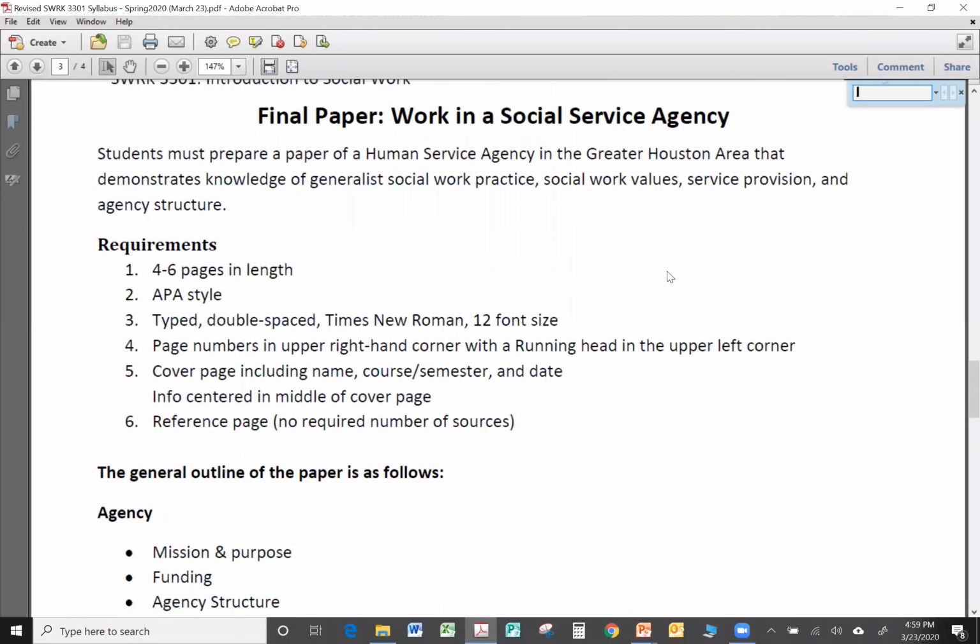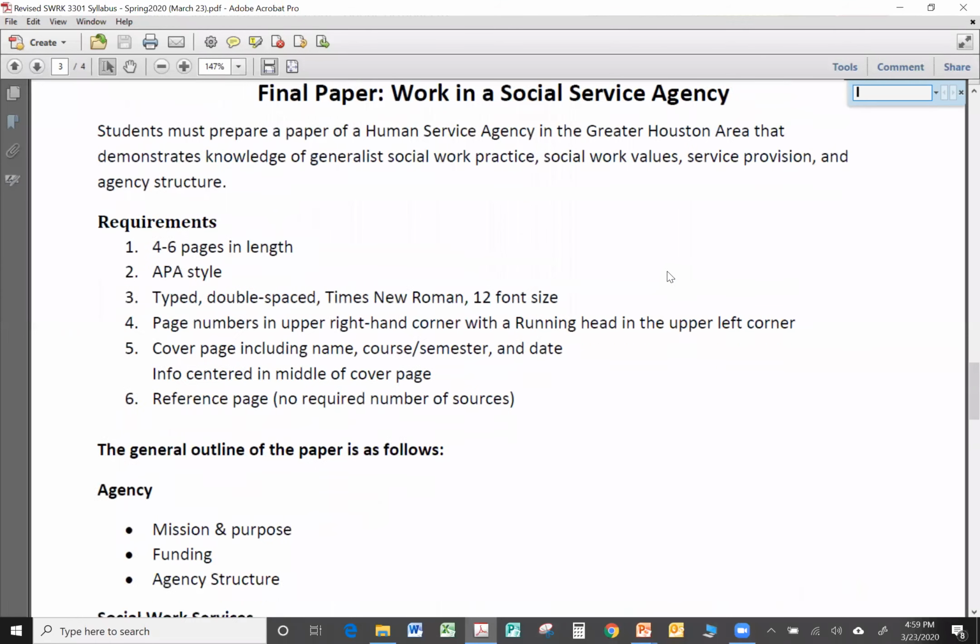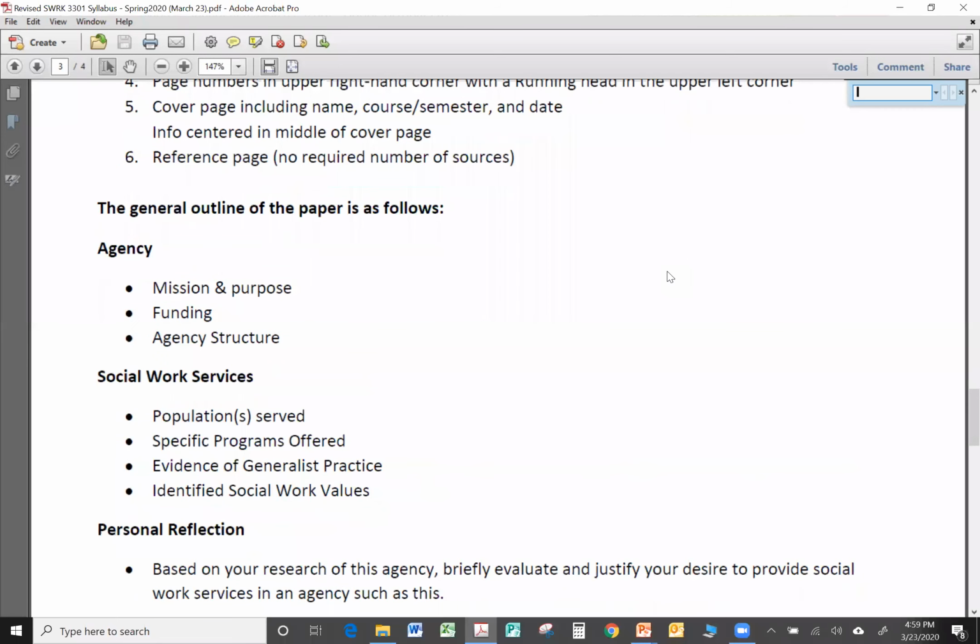Questions on that paper? If we have any volunteer service hours already, would it be possible for that to be extra credit or any kind of extra points for the paper? Yes, I will definitely consider that.